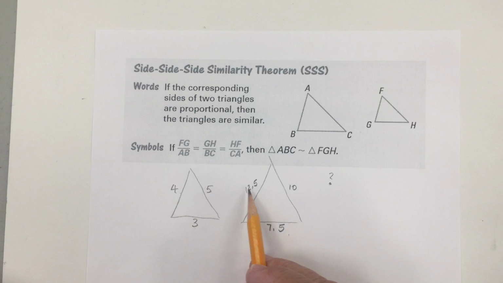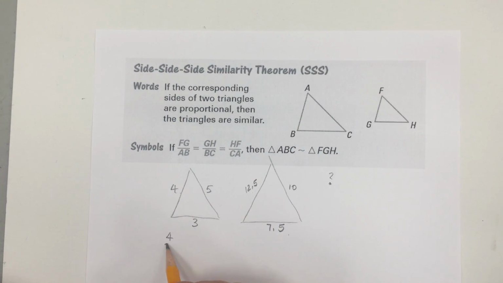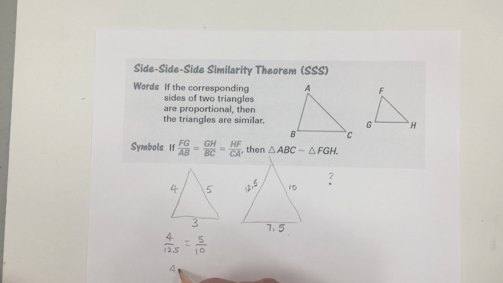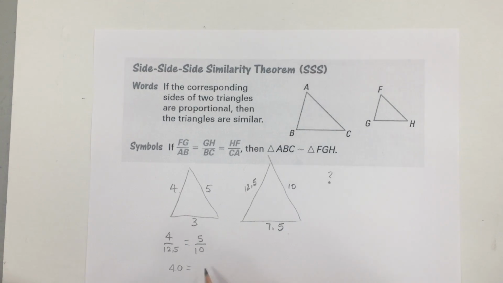Let's just say it is 4 over 12.5. And let's say 5 over 10. All right. So we're going to cross multiply. 4 times 10 is 40, and 12.5 times 5 is 62.5.